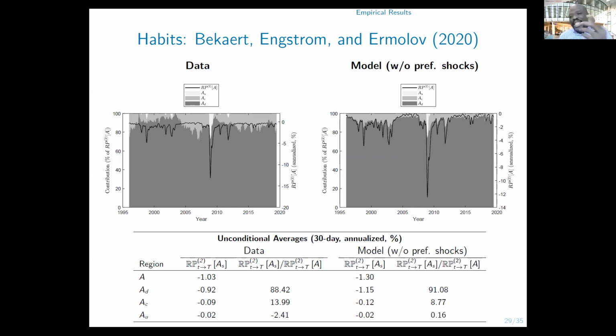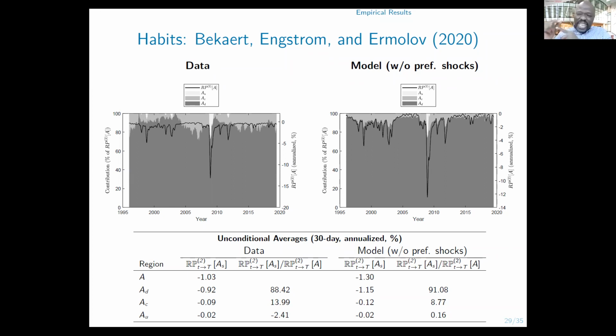Let me emphasize that there's a tension here. They have two models in Beckett and Engstrom. The first one, with preference shocks, does a better job in explaining each component of the risk premium, but it cannot do a better job in explaining the variance risk premium.